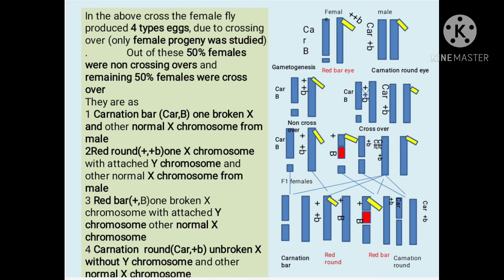In the third one, a red bar, that is plus capital B, one broken X chromosome with attached Y chromosome, other normal X chromosome, while the fourth one, carnation round, that is car plus B, unbroken X without a Y chromosome and other normal X chromosome.